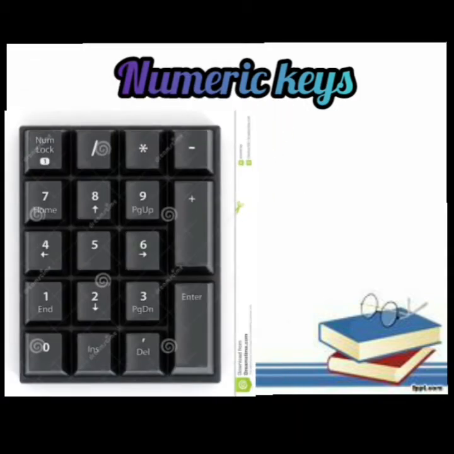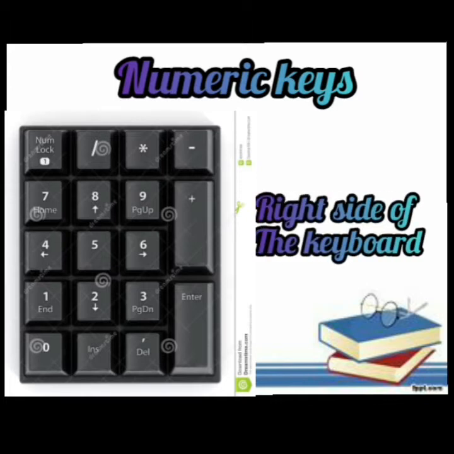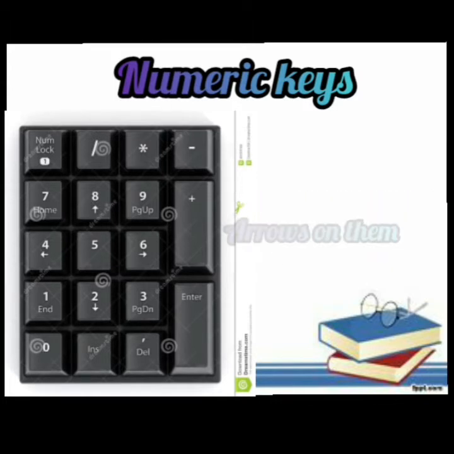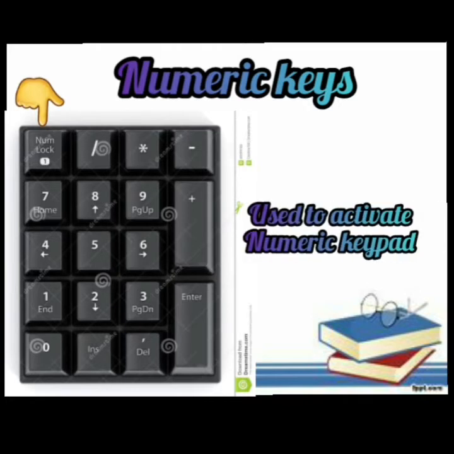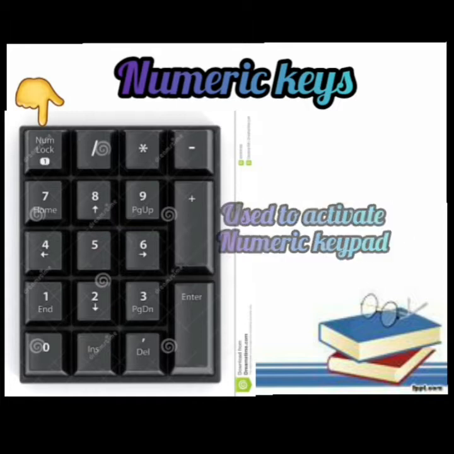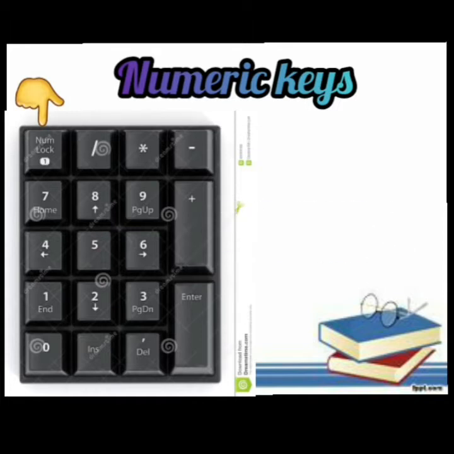Another set of number keys is on the right side of the keyboard. These keys have arrows on them: left, right, up and down. Numlock key. The numlock key is used to activate the numeric keypad located on the right side of the keyboard.